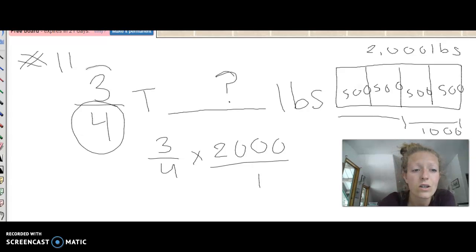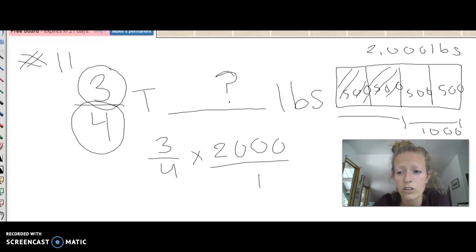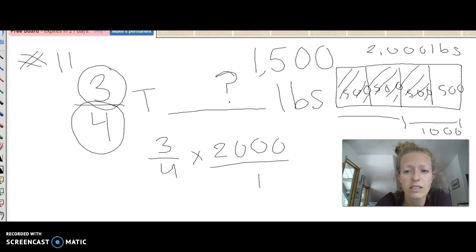How many quarters am I going to shade? That's what your numerator is going to tell you. I'm going to shade 3. 1, 2, 3. How many pounds do I have? 500 plus 500 plus 500 equals 1,500, or you can go 500 times 3. So my answer is 1,500 pounds. Okay, feeling good?